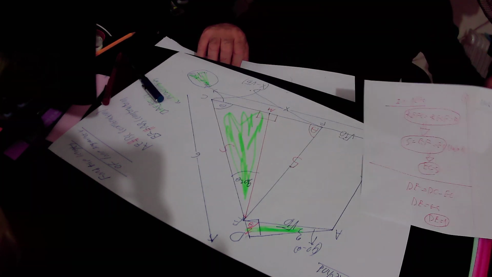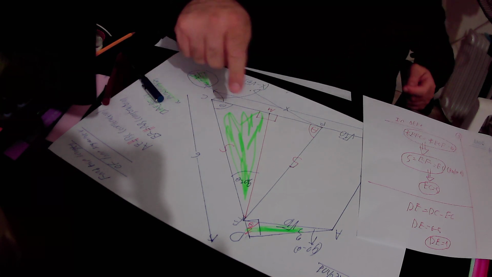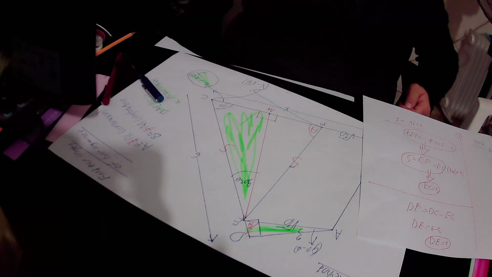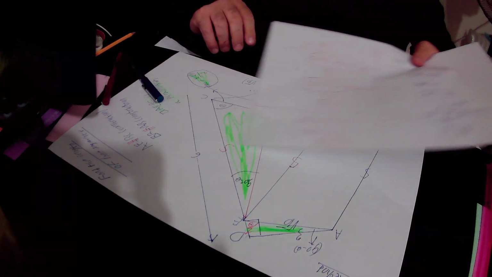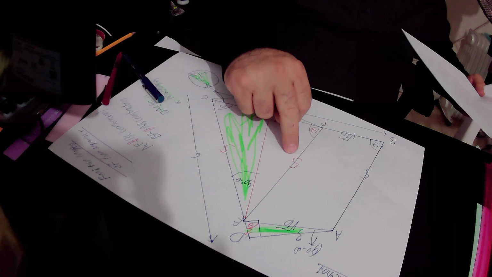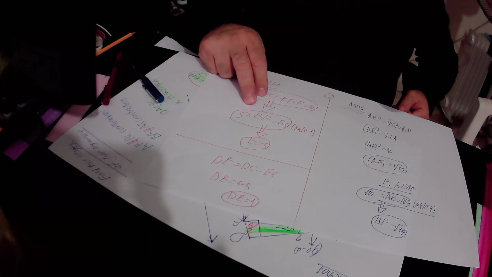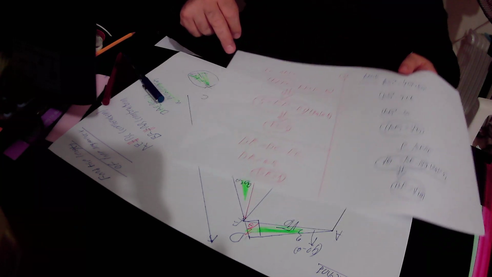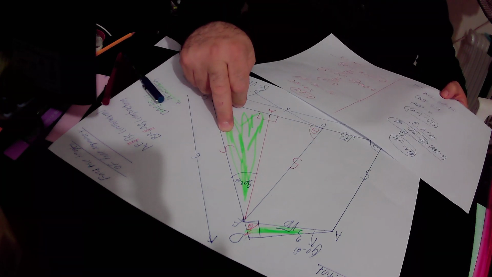So according to rule number 1, because those two angles are equal to each other, EF must be equal to EC in triangle EFC. We have already found that EF equals 5 units, and from this equation 5 equals EF equals EC, we derive that EC is also equal to 5 units.